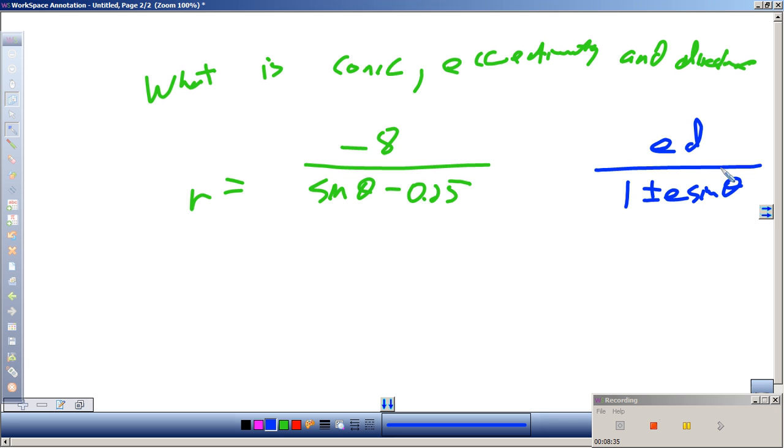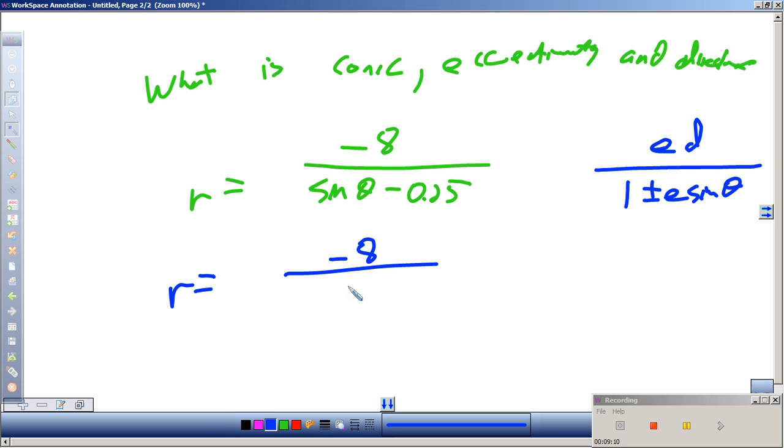How do we change it to this form? I'm going to leave the numerator as negative 8. What can I do on the bottom first?